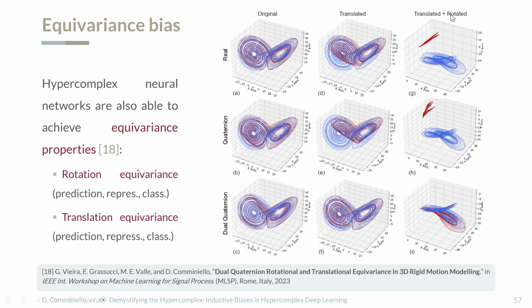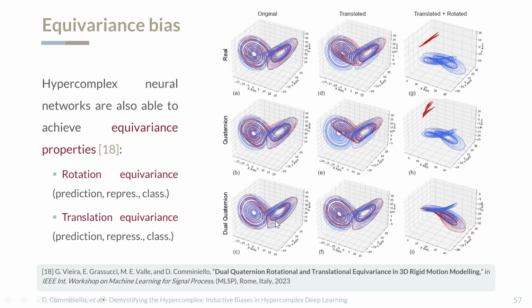When we have translation and rotation, of course, the model is not able to track the system anyway. While for quaternion, we can have some good rotation, but at the end it is not good as well.